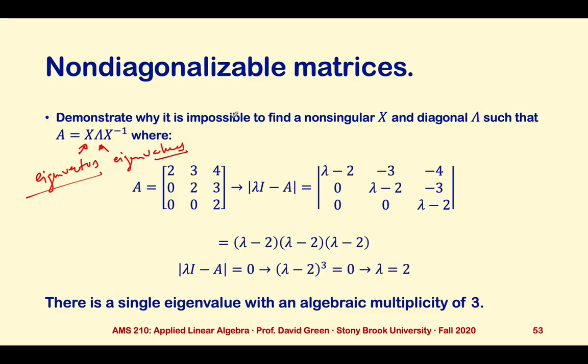In order for it to work, we need to be able to find a full set of linearly independent eigenvectors, enough so that we have as many rows and columns for a non-singular X. This requires us to show that we can't find enough.